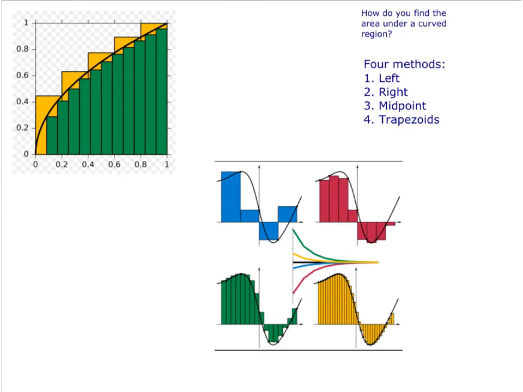So once again, in the exercise that we did previously, we looked at 4 methods of finding the area under a curve. And we talked about the left method, the right, the midpoint, and trapezoids, dividing things into trapezoids. I don't have trapezoids listed here, but you can see here you have one that would be a left side sum in the green, and then this yellow one would be slightly different from the right side, and you can see that it would be a little more accurate the more rectangles you have.